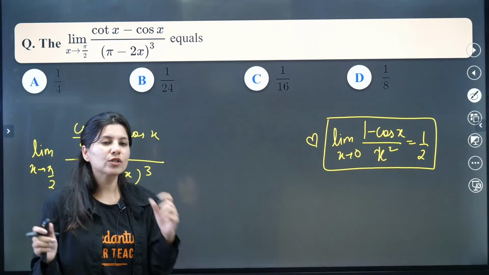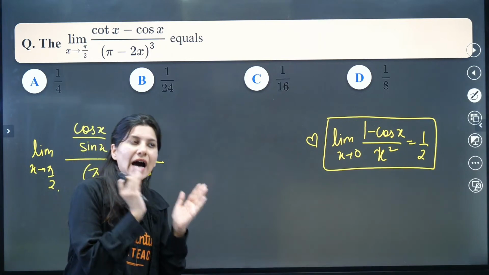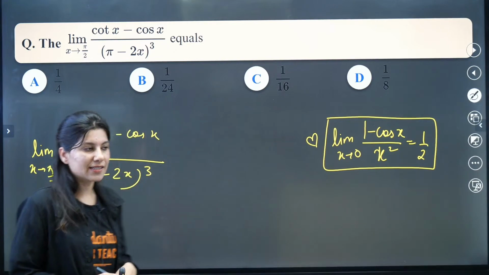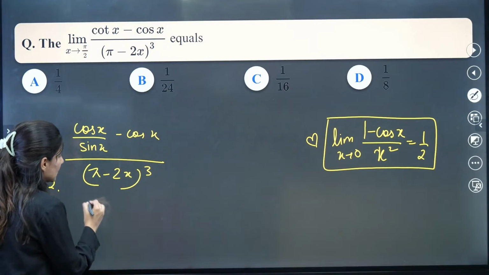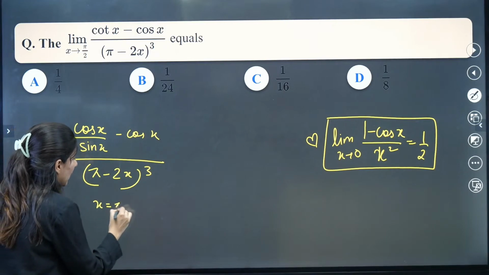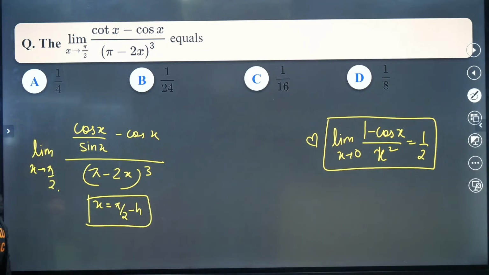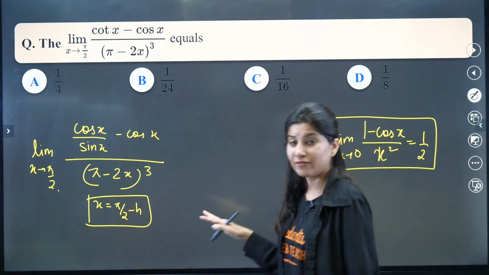We just can focus on only one limit that will give us the answer. We don't have to calculate RHL and LHL and make them equal, because options are like this. So either you calculate right hand limit or left hand limit. So can I just write down x is equal to pi by 2 minus h? Can I calculate left hand limit?